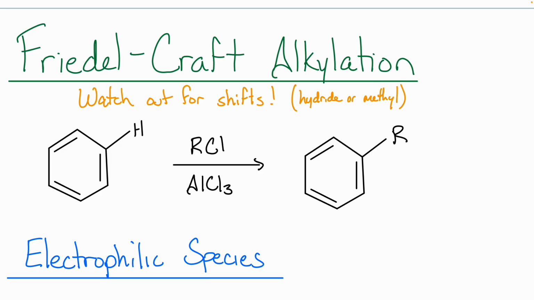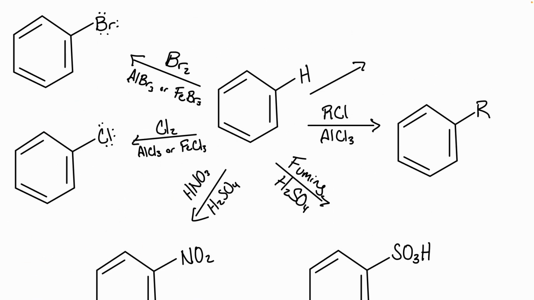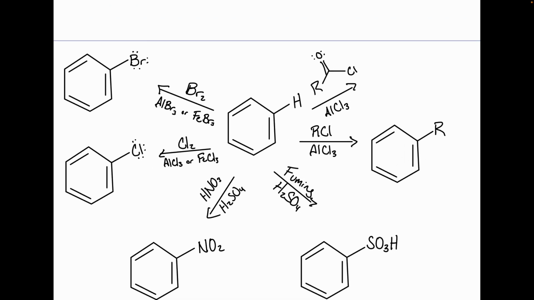All right, and we have one last one here, sort of similar to before with the previous Friedel-Crafts reaction. This is another Friedel-Crafts, but now using specifically, instead of an alkyl halide, an acyl halide. So we have a carbonyl group in there. We're going to use that same aluminum chloride catalyst.